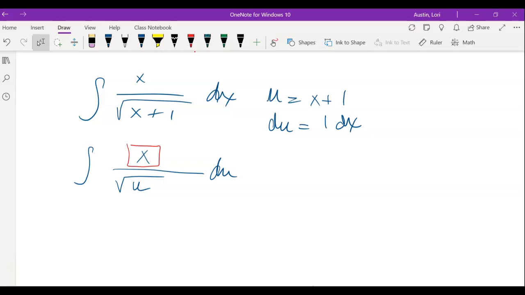Is that what you were going to say? It's right there. What does x equal, everybody? Because I can't integrate with two different variables. I need to have just one variable. Doesn't that mean x equals u minus 1? Well, let's try it.